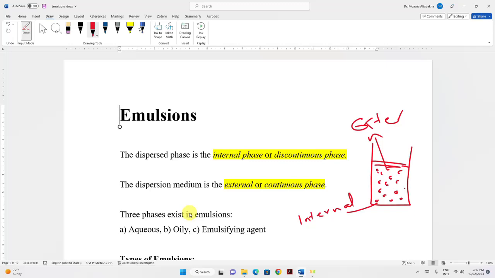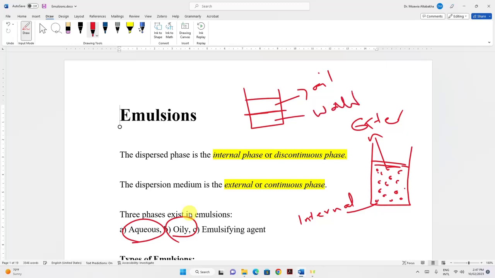First is an aqueous phase, another phase which is oily, and of course you know that if you try to mix water and oil, you will find that the water and oil will separate. In order to bring them together you will need the third component, which we call the emulsifying agent.